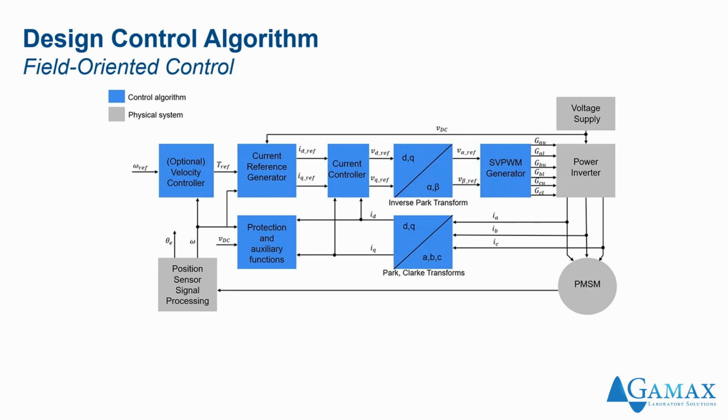We need to implement the computationally efficient version of Park, Clarke, and inverse Park transforms. We need to design fault detection and protection logic. All in all, we need to verify and validate the controller performance across different operating conditions. And finally, it is also necessary to implement the controller in fixed or floating point on a microcontroller or an FPGA.